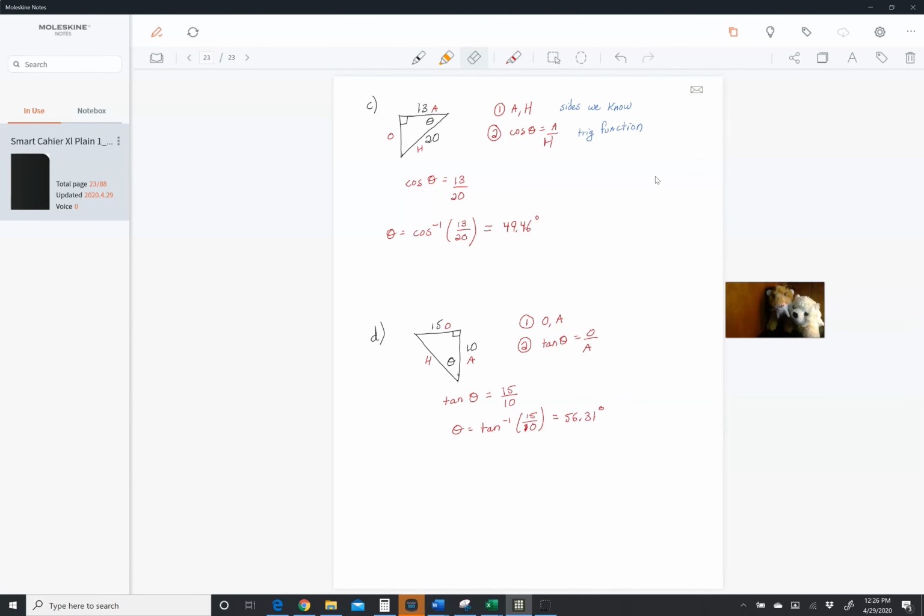Okay, reasonable answer. Okay, so one more thing I want to introduce you to before we end, and that's something called reciprocal functions. So reciprocal trigonometric functions are exactly what they sound like.